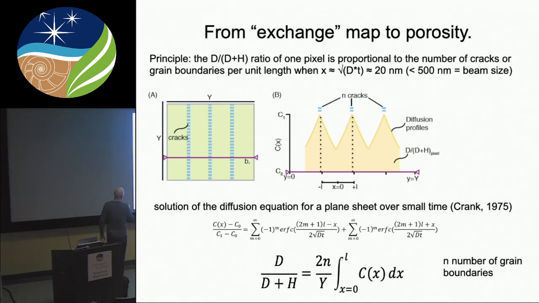So then when we try to understand what's going on in a given pixel in our map, it means that if we have several cracks in this pixel, we will make an average analysis of several diffusion profiles.